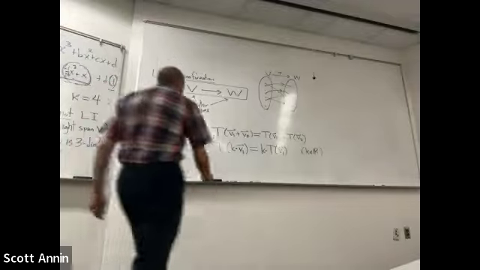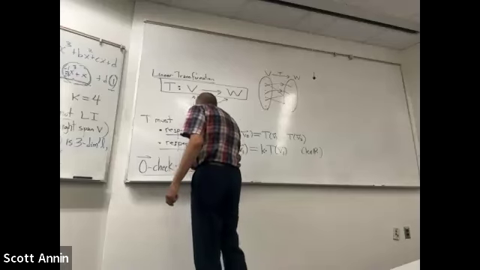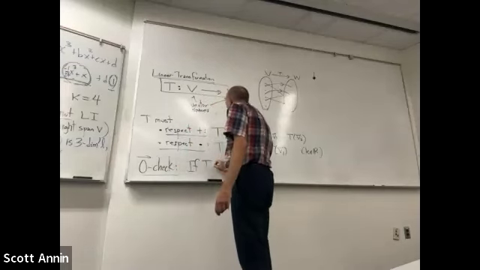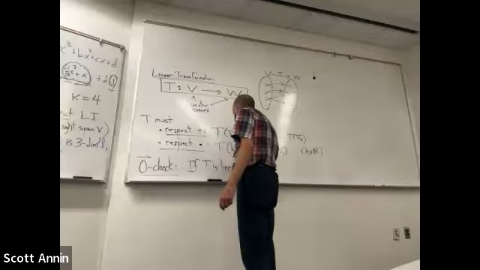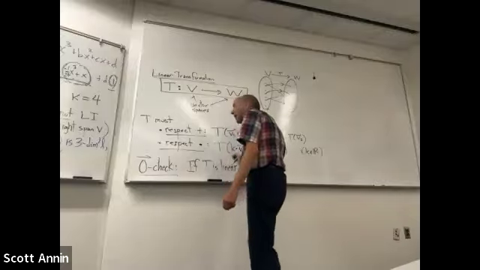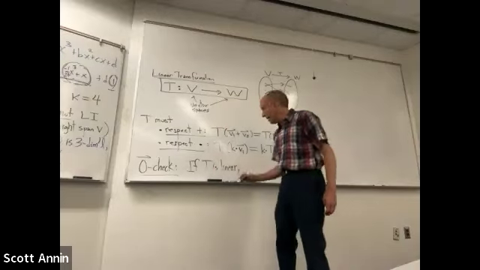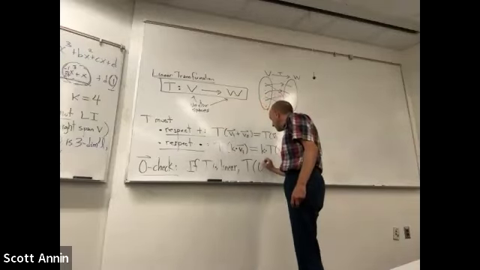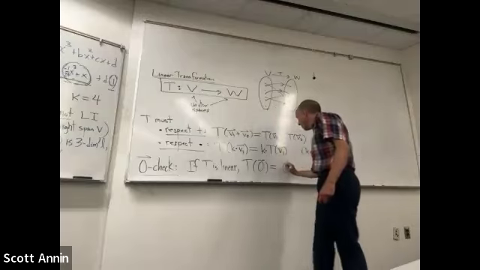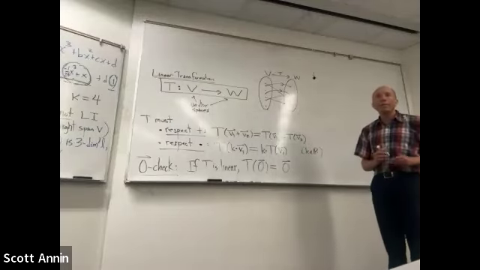There's a zero vector check here too, guys, which is that if T is linear, meaning linear transformation, this is just my short way of saying that, then it must send the zero vector to the zero vector.